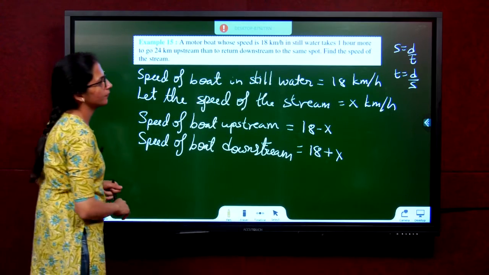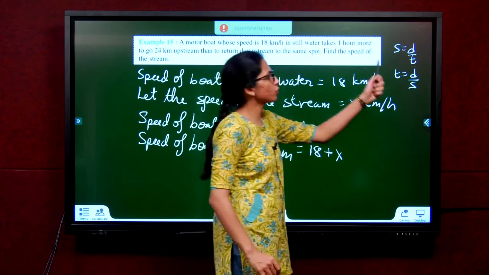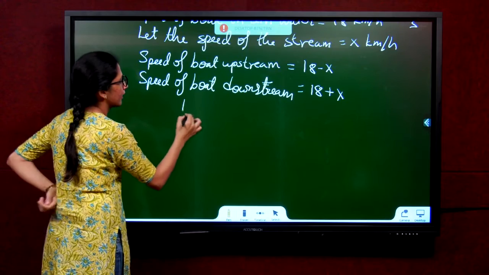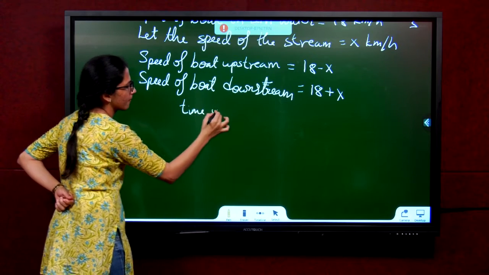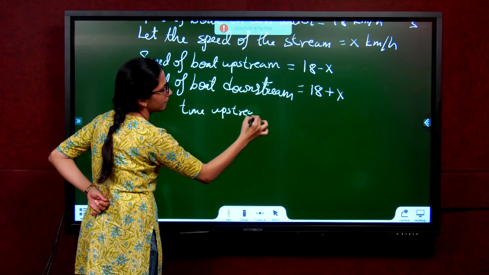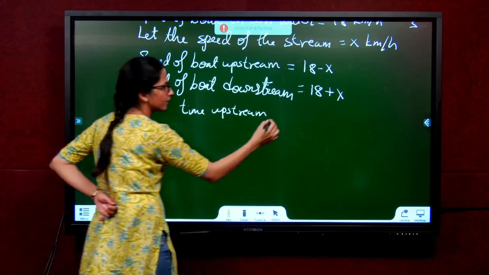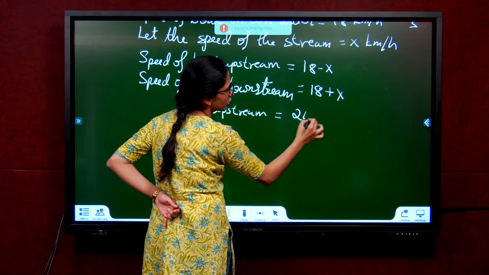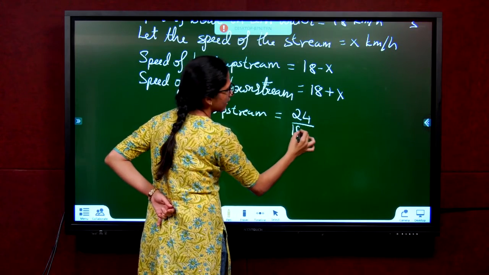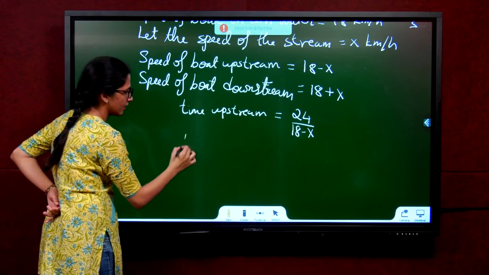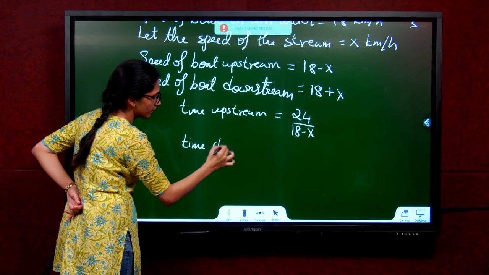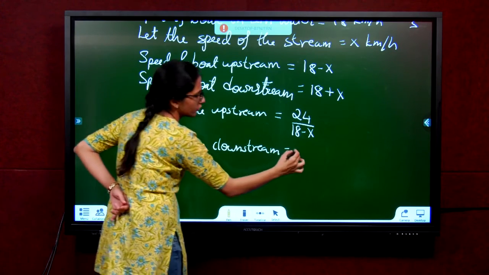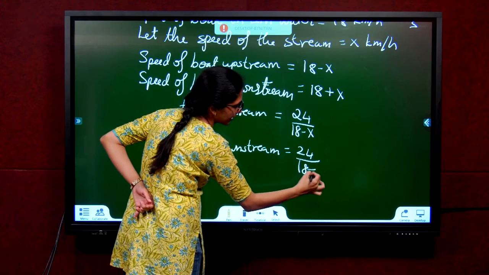I hope you understood. They have spoken about time here, so we have to use the time formula. So now, can I say time upstream? What is the time taken to do the upstream journey? Time is nothing but distance by speed. Distance given in the question is 24. 24 by 18 minus x. Time for downstream, 24 by 18 plus x.